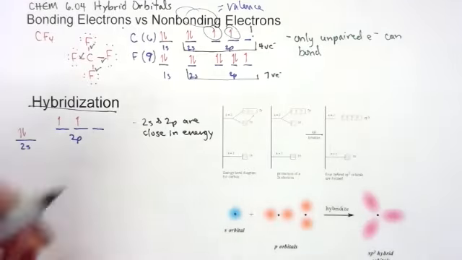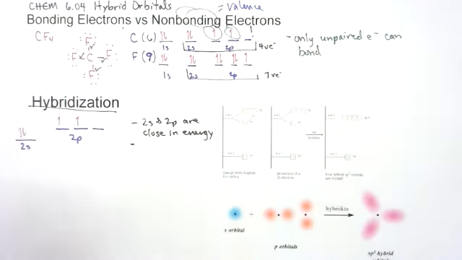And they're so close, in fact, that they kind of blend together and form new orbitals.